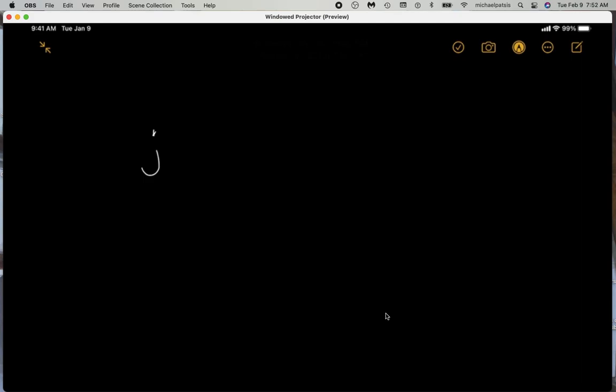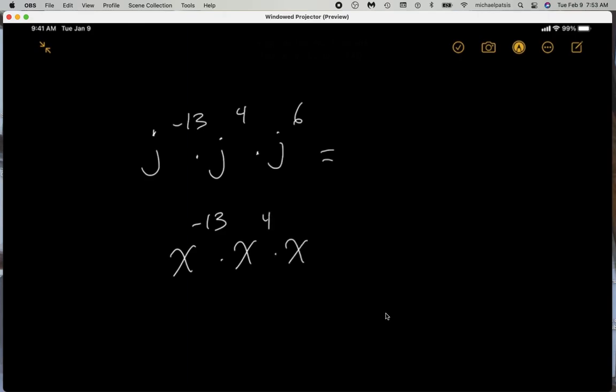Don't be confused if they throw different variables at you. Okay, the fact that those are j's, don't let that fool you. If you want, change it to x. Okay, what's going on? Common base. Multiply.